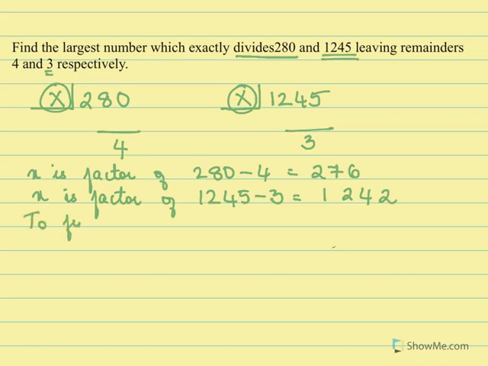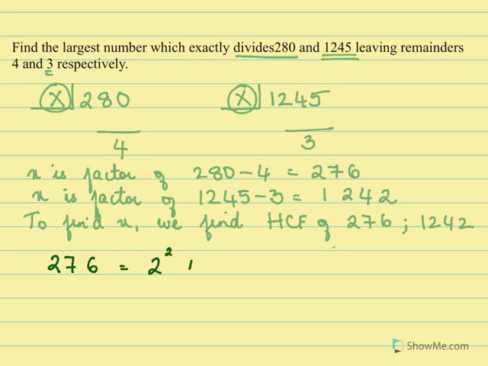So to find x, we find HCF of 276 and 1242. Okay, so we have 276 prime factorization, 2 square, 3 into 23.